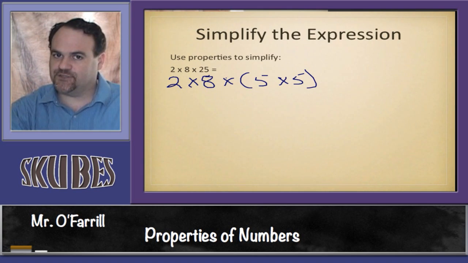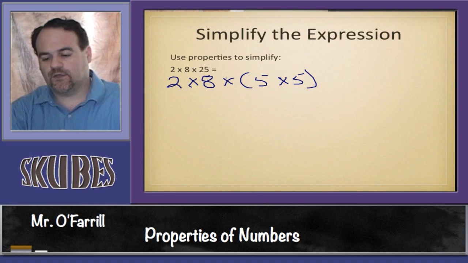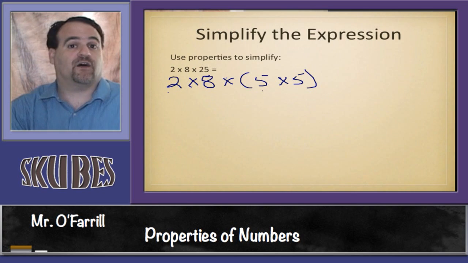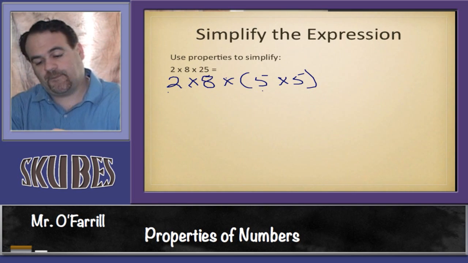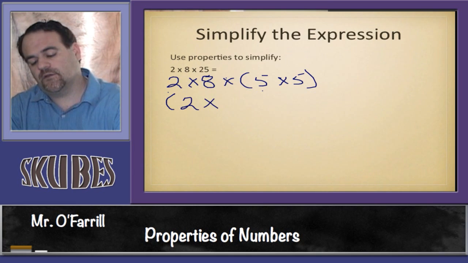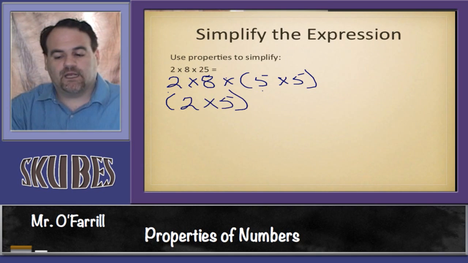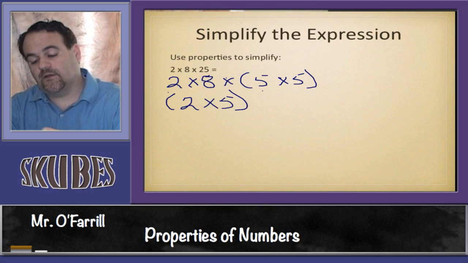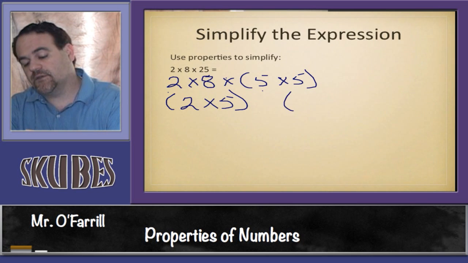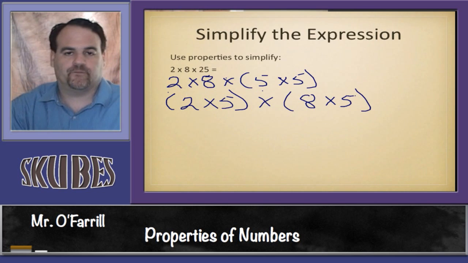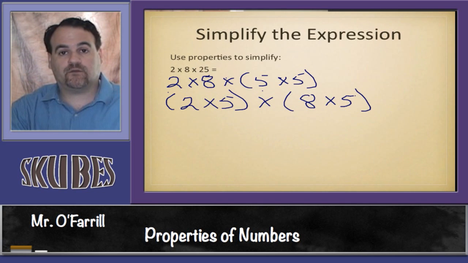And I see a 10. Do you see the 10? 2 times one of these 5s is going to be 10. So I'm going to regroup those together. 2 times 5. And then I'm going to regroup together the other remaining numbers. 8 times 5. So I've used the commutative property to rearrange my numbers and the associative property to add some parentheses.